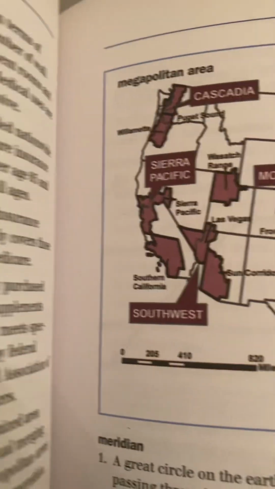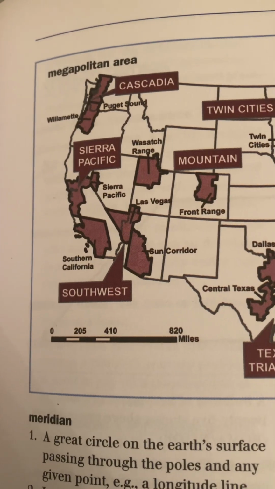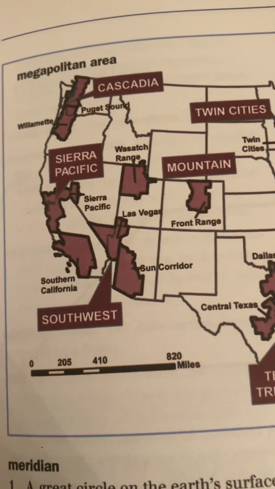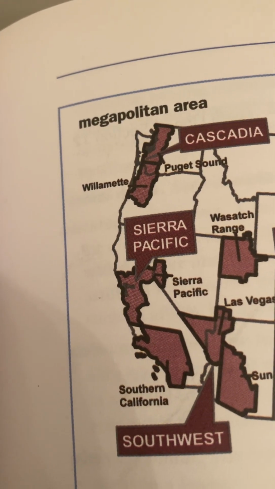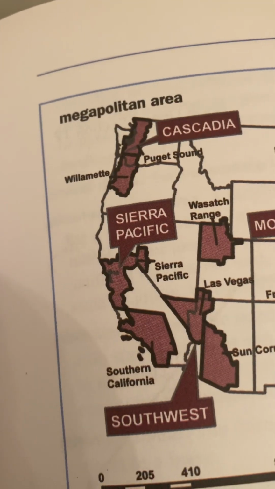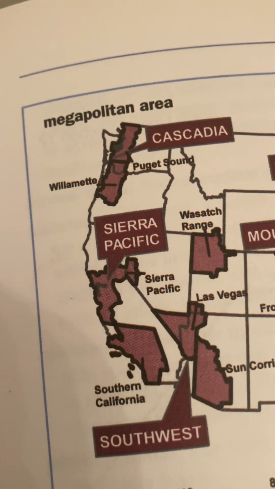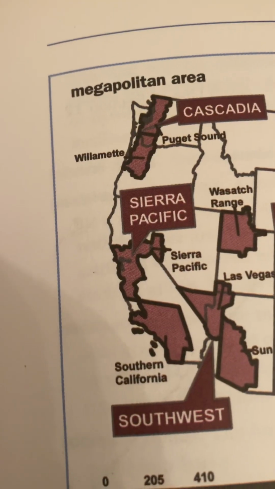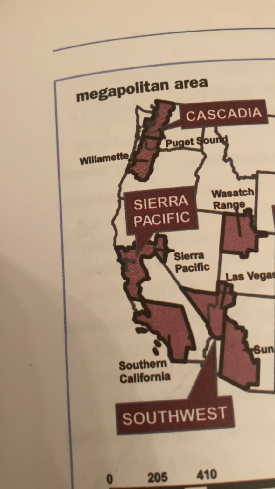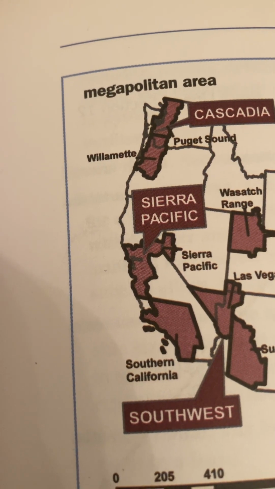Page 145. Megapolitan area. It shows up here in northwest United States. It's called Cascadia. Down here in the California area, this is called Sierra Pacific.